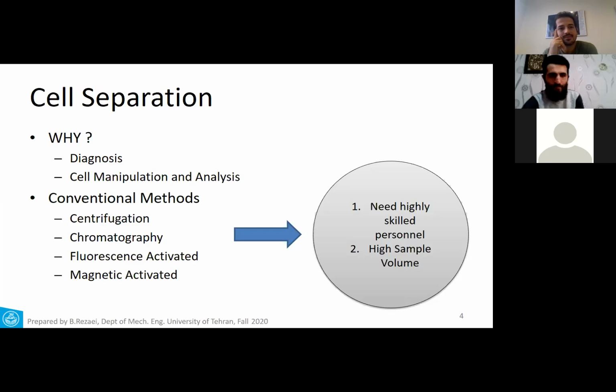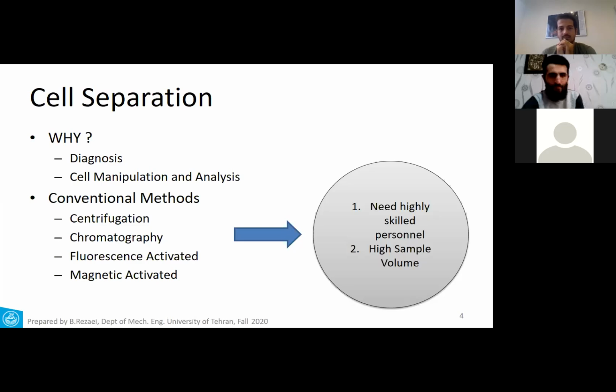Okay, there are some conventional methods. I'm not going to talk about them. I've just written them here so that you can be familiar with their names. A simple search in Google can give you good details about these methods: centrifugation, chromatography, fluorescence activated cell sorting, and magnetic activated cell sorting.